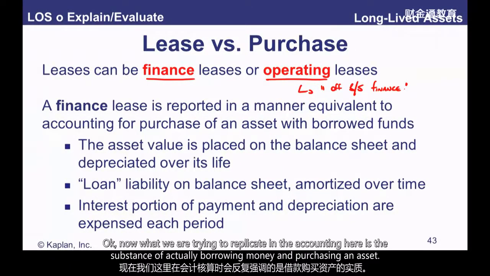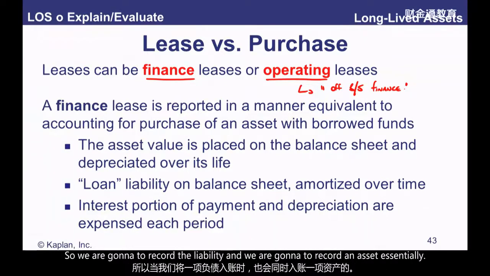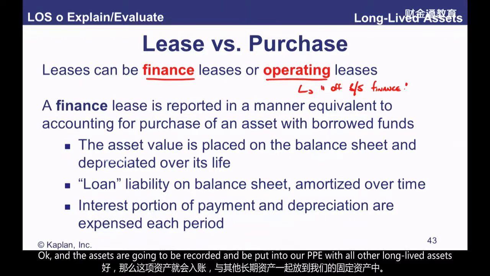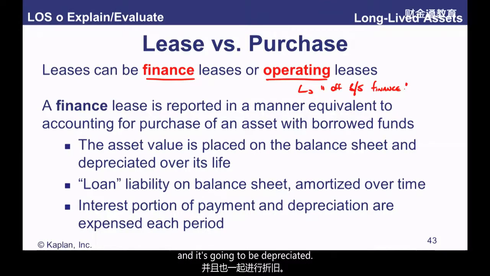Okay, now what we're trying to replicate in the accounting here is the substance of actually borrowing money and purchasing an asset. So we are going to record a liability and we are going to record an asset. The asset is going to be put into our PP&E with all of our other long-lived assets, and it's going to be depreciated.